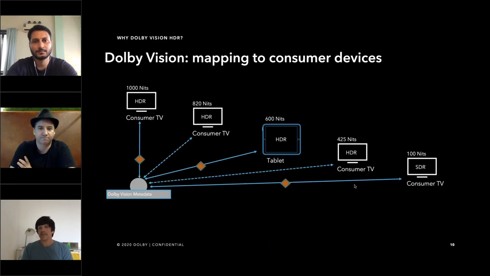So this is where Dolby Vision comes into the game, and we ensure that you get a perceptual match of the original graded images from post-production to the consumer by using so-called dynamic metadata. With this metadata, we describe the initially graded content and map it to the respective capabilities of the display devices.